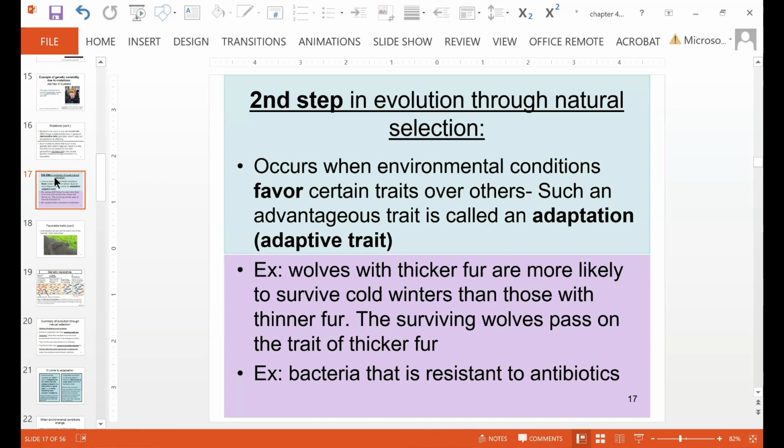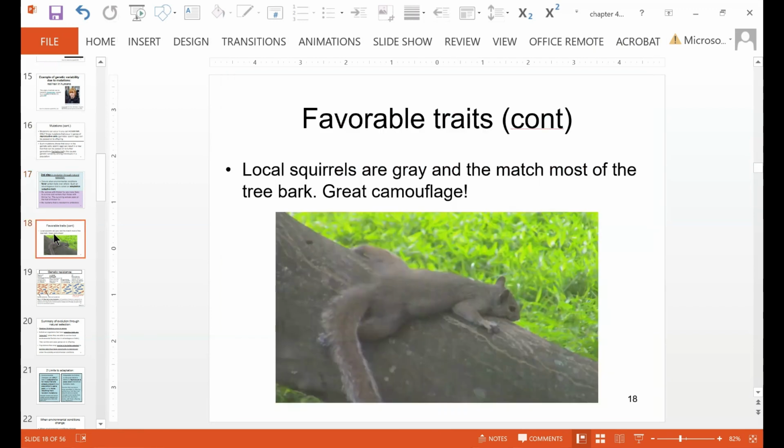So the surviving wolves that have thicker fur will pass on that trait of having thicker fur to their offspring. Another example would be bacteria that is resistant to antibiotics.